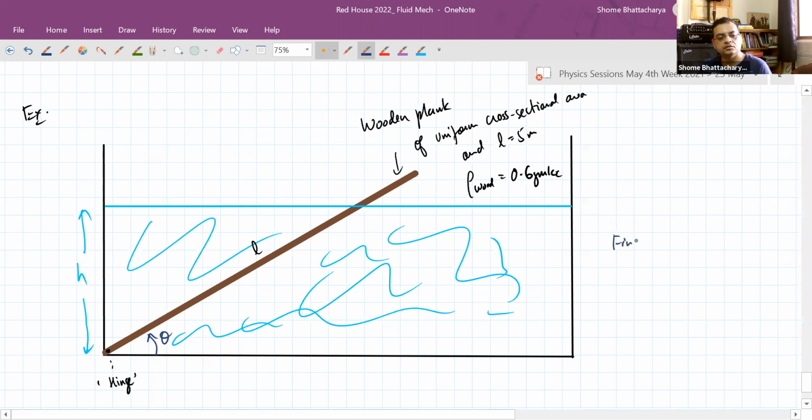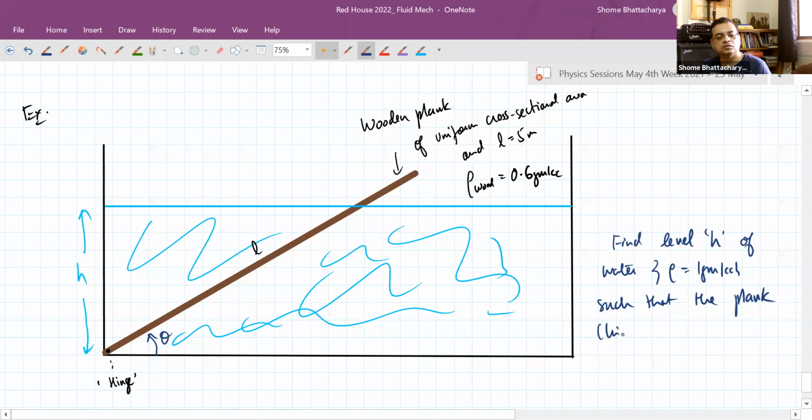So find the level H of water of density 1 gram per cc such that the plank hinged at the corner, say O, this corner here is O, is at equilibrium at theta equal to 37 degrees.